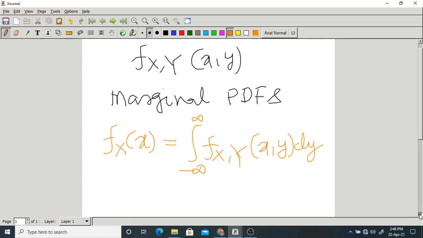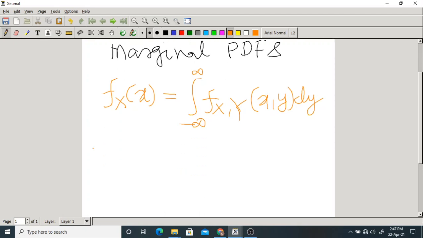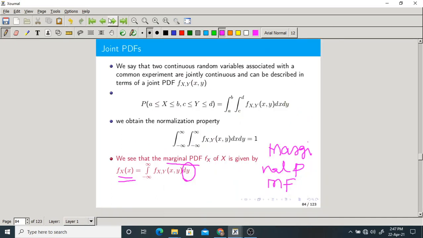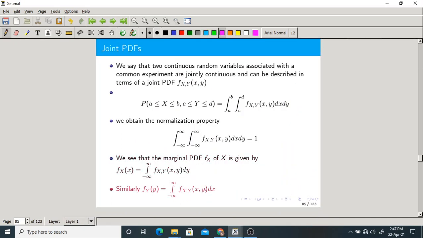How to get fy of y? You have to integrate over x. So the only important thing is with respect to what you are integrating. So these are very important.